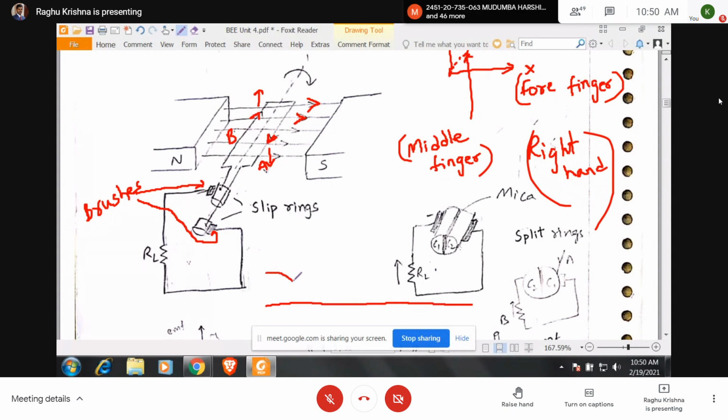Next, the voltage decreases when this conductor becomes perpendicular. Okay. So here, this coil plane is parallel to the lines of force. When the coil plane becomes perpendicular to the lines of force, the induced EMF becomes zero, and here is the induced EMF again.